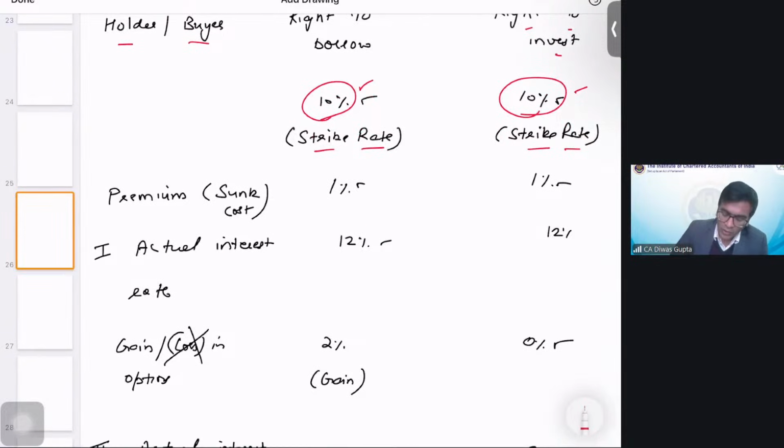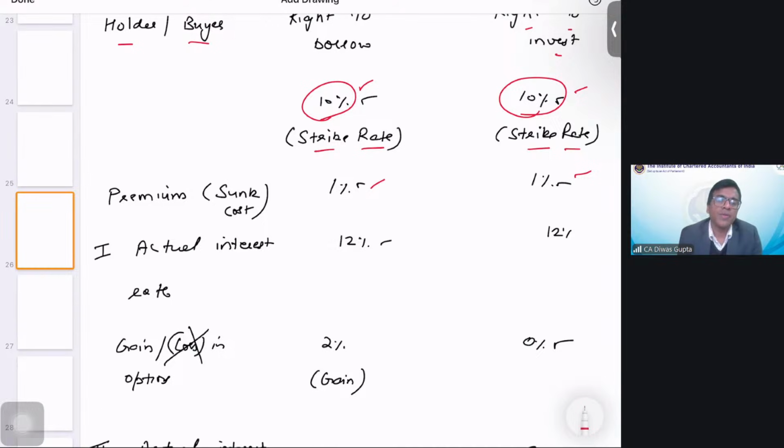Then you also get into the premium. Let's say 1%. We have specified that there is a sunk cost of it, because you will just pay and then it will not be adjusted later on, right? The premium is always paid. So this is basically your premium on both the cap options and the floor options. Then let's talk about the actual interest rate, students.